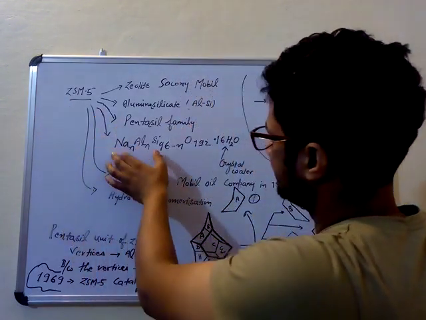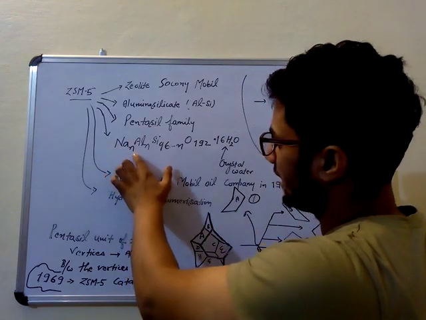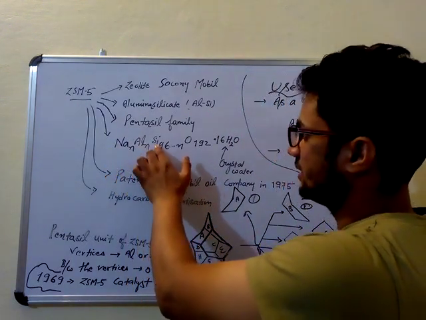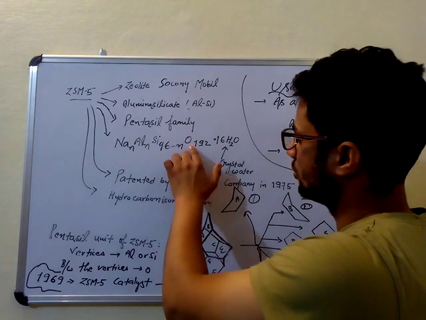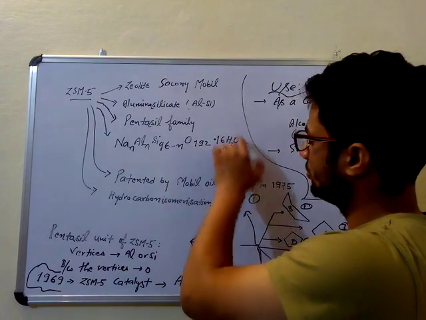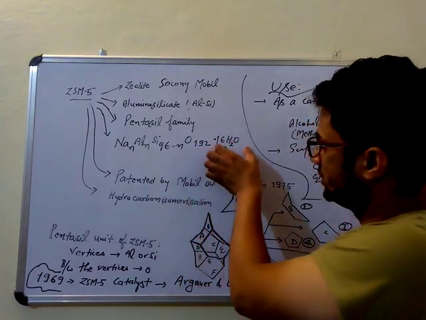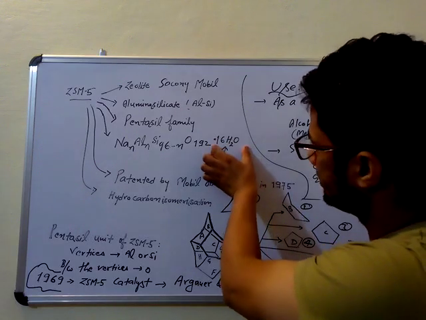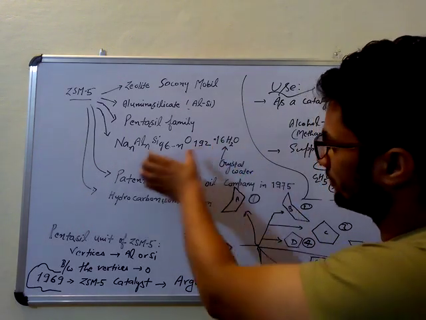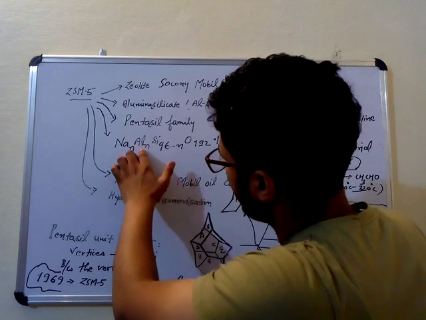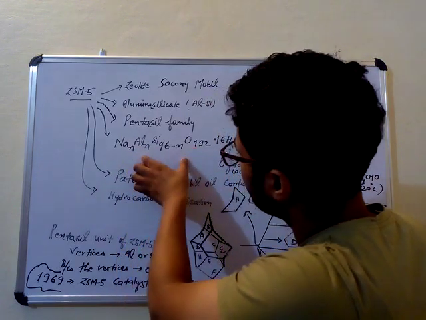ZSM-5 has the formula NanAlnSi96-nO192·16H2O, where all these 16 water molecules are crystal water. These aluminum, silicon and oxygen atoms make the framework.